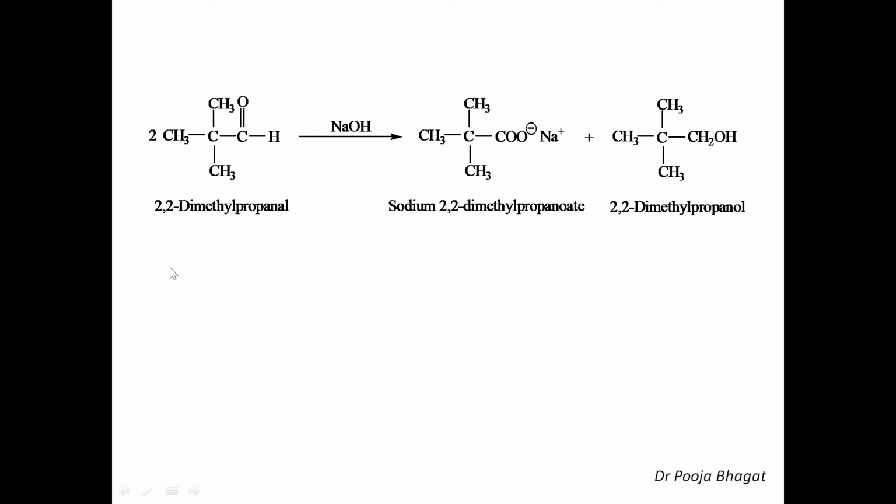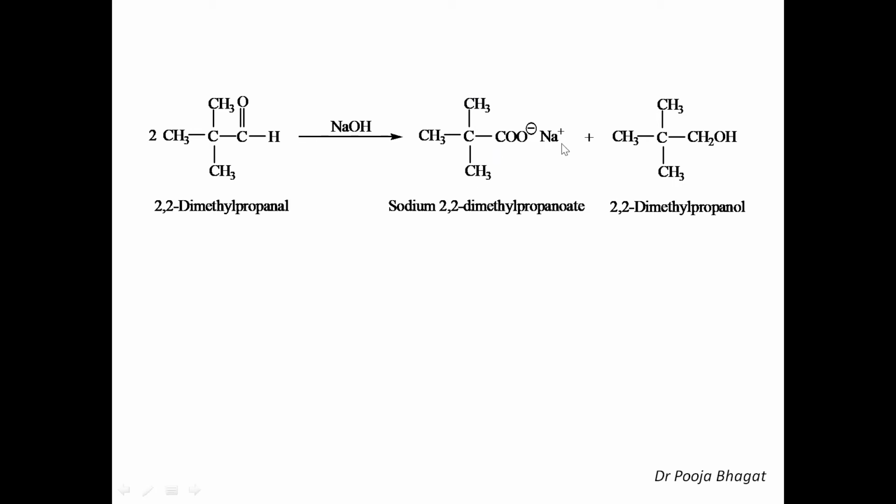Next example, 2,2-dimethyl propanol. So one molecule will get oxidized. So this into acid, and in basic medium acid will exist as salt. So it is sodium salt. Now how to name it? If it is acid, then it is 2,2-dimethyl propanoic acid.